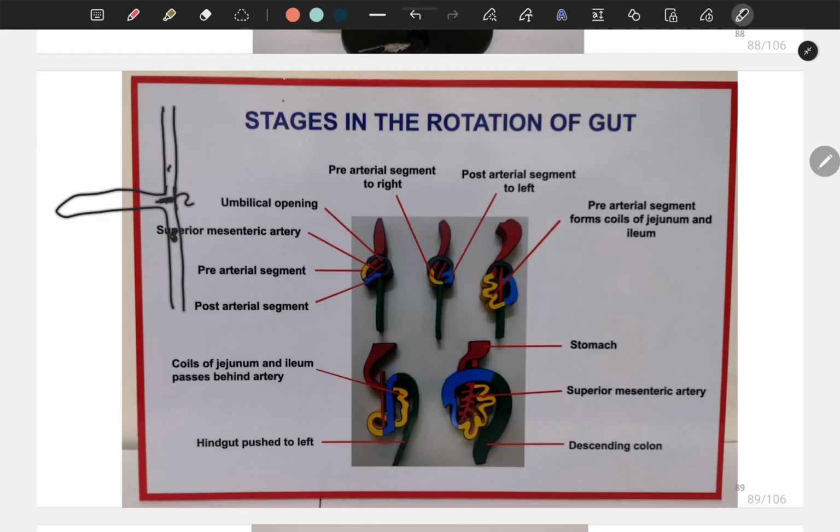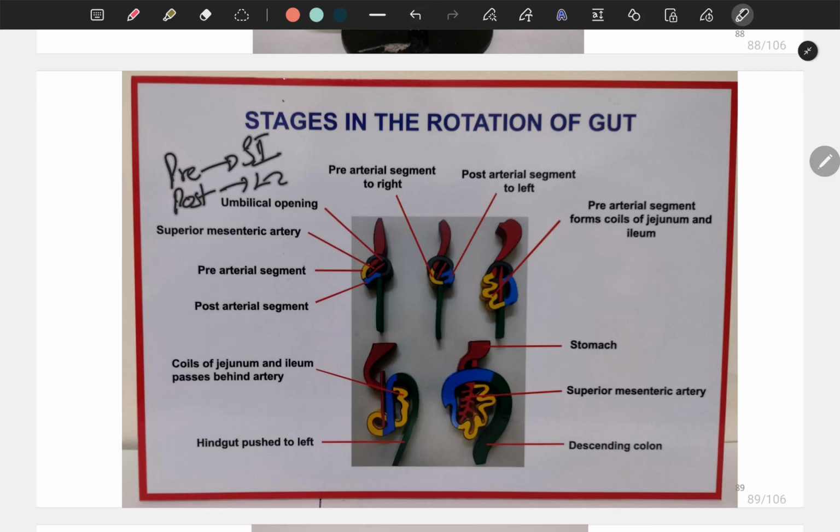The main artery supplying the midgut is the superior mesenteric artery. Okay, above it is called the pre-arterial segment. Below the superior mesenteric artery is called the post-arterial segment. Pre-arterial segment forms the small intestine.